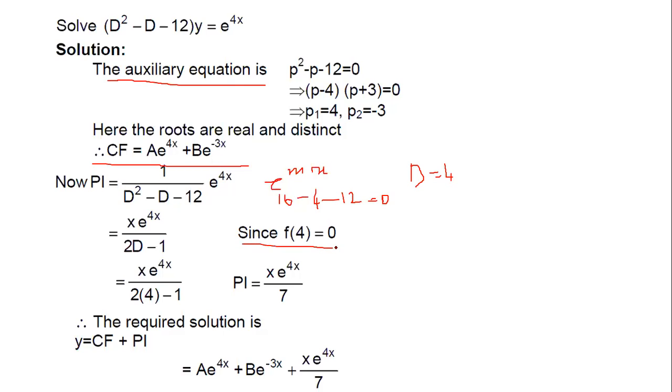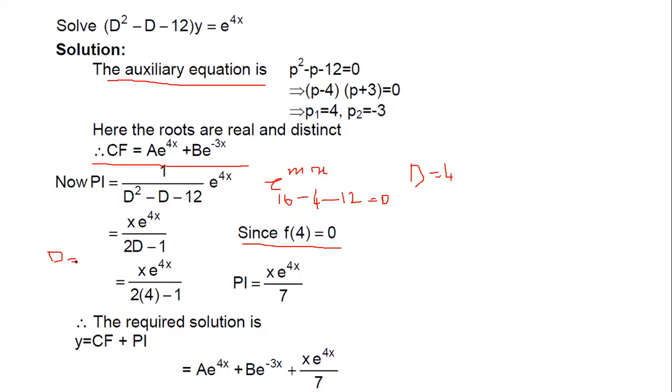When the denominator is equal to 0, then multiply with x in the numerator and differentiate with respect to D in the denominator. That means 2D minus 1. So when you are differentiating, D square gives 2D, differentiation of minus D is minus 1, and then once again you substitute D equal to 4 in the denominator.